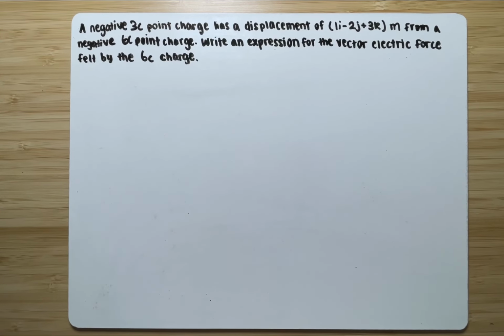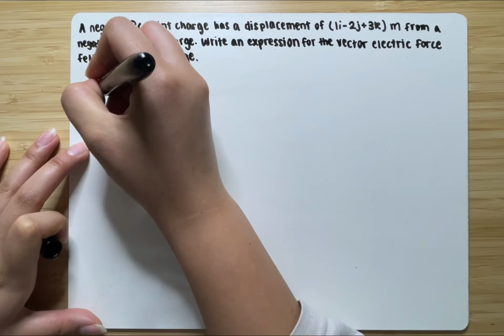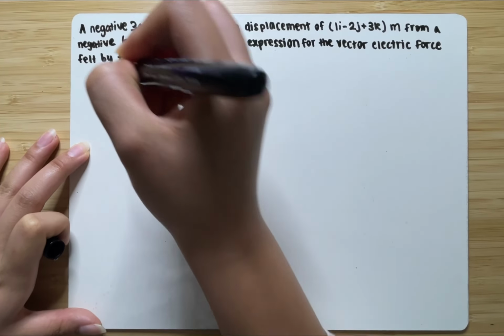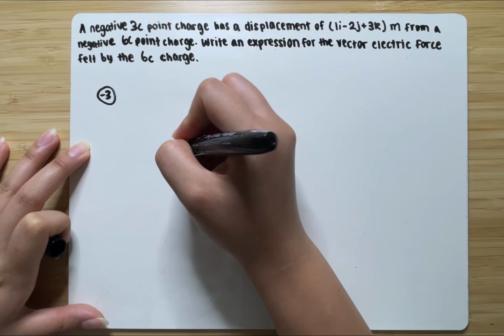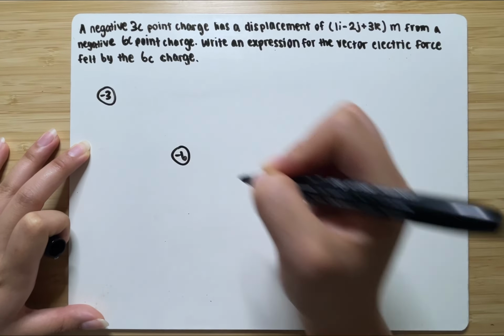A negative 3 coulomb point charge has a displacement of 1i minus 2j plus 3k meters from a negative 6 coulomb point charge. Write an expression for the vector electric force felt by the 6 coulomb charge. Okay, so let's begin by drawing this out. We have a negative 3 coulomb charge, and we have a negative 6 coulomb charge.